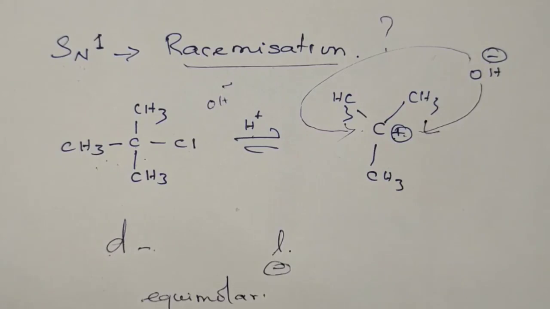So, we get a mixture of products, one having inversion of configuration, another having retention of configuration. The mixture of products is thus a racemic mixture. But what do you mean by racemic mixture? An equimolar mixture of D and L isomer. So, the SN1 reaction proceeds with racemization.